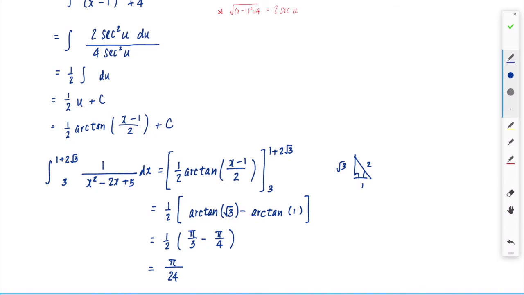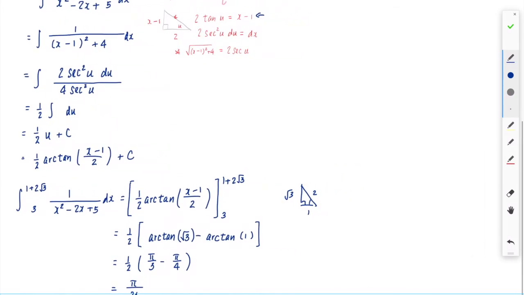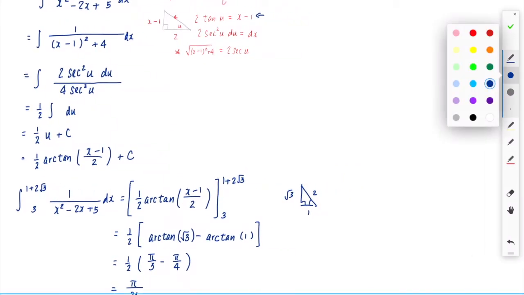So you might be wondering, if there are formulas in the formula booklet, can we not use them? Well, let's try that, right? We have some room here. In this particular question, we still have to first write your integral in terms of 1 over x minus 1 squared plus 4.